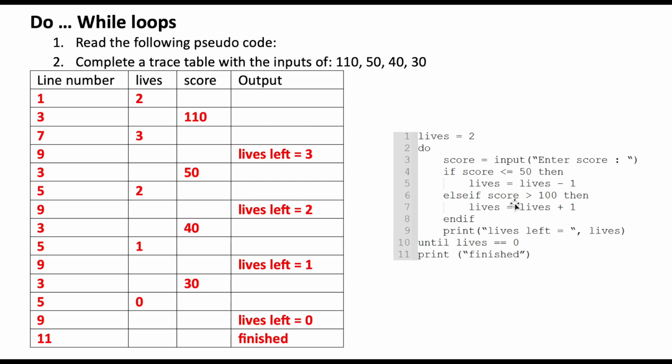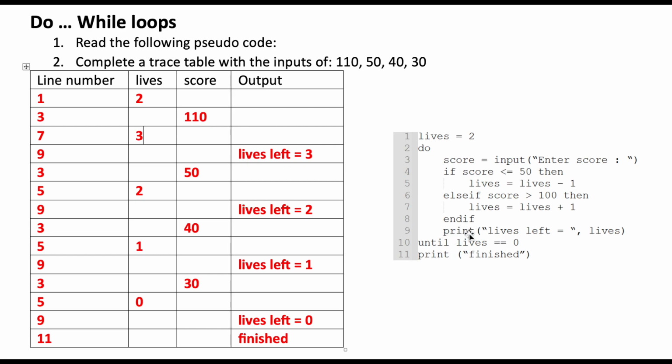And as a result of that, lives will be incremented. Remember, increment means to add 1 to the contents of a variable. So we can see here that on line 7, lives has been incremented by 1. That is the end of the if statement.